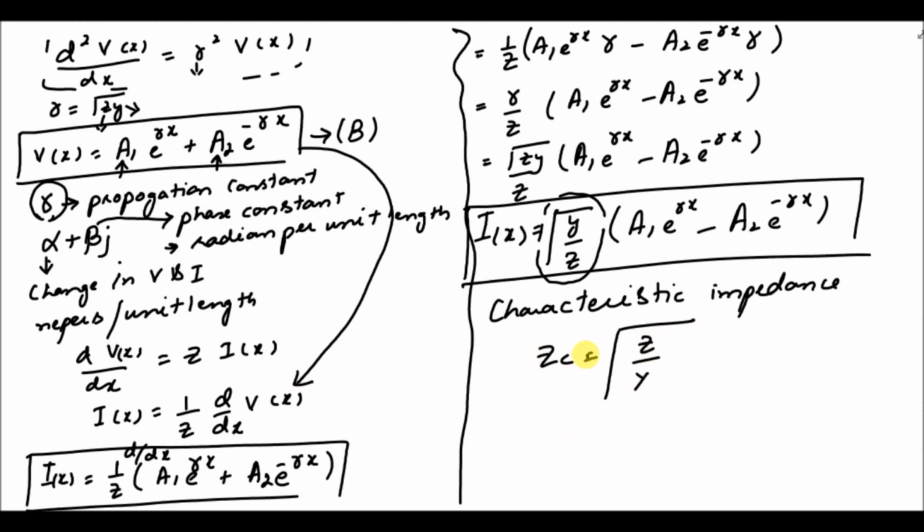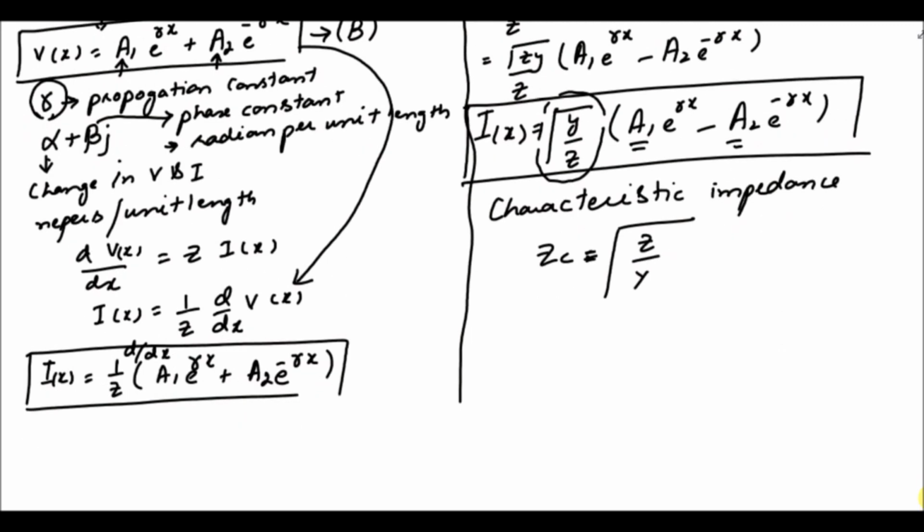This is the characteristic impedance. So now we have two equations which involve the constants a1 and a2, and we want to find the values of these two constants. So we will solve these two equations in order to get the values of the constants, and before that we should know the end conditions.